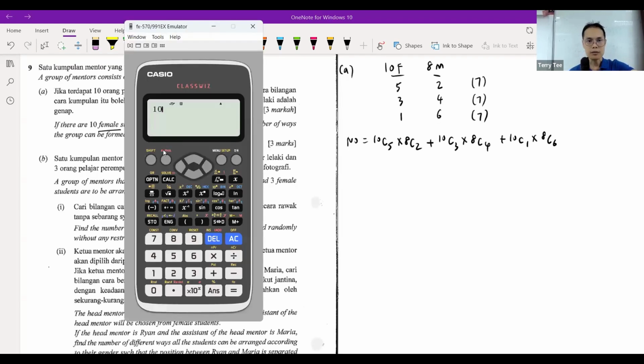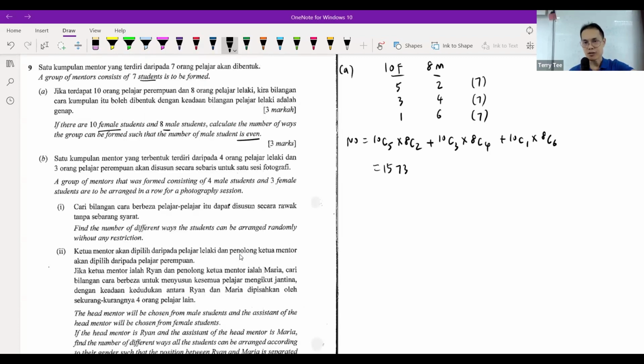Add together: 10C5 times 8C2 plus 10C3 times 8C4 plus 10C1 times 8C6. My answer is 17350. Sorry, did I say it wrongly? 15736. Okay. All right, so this is the first part.